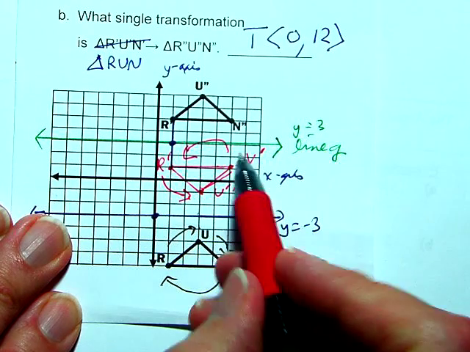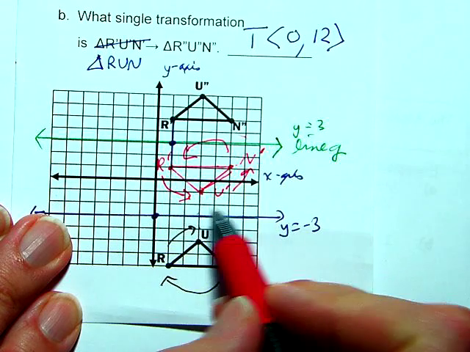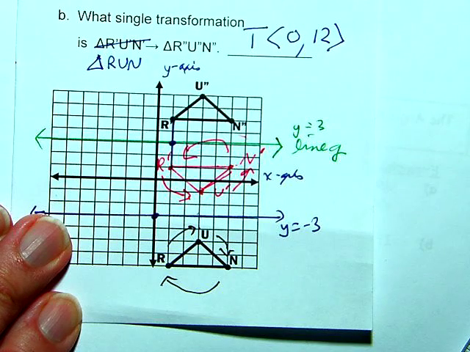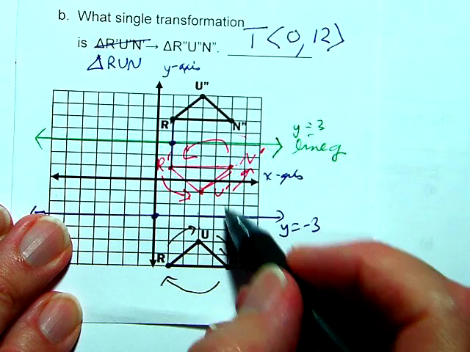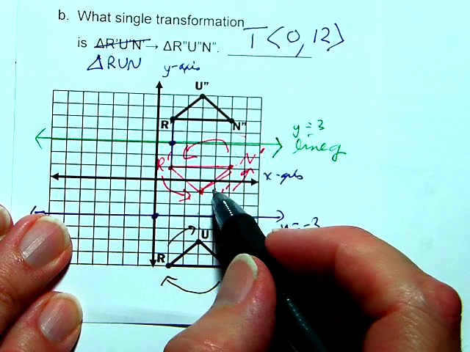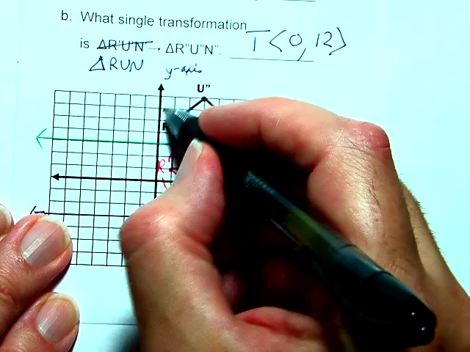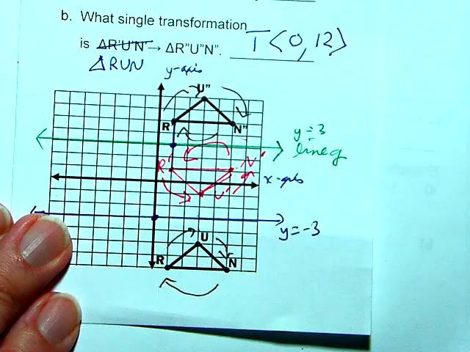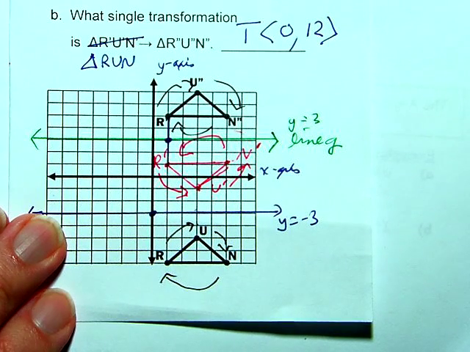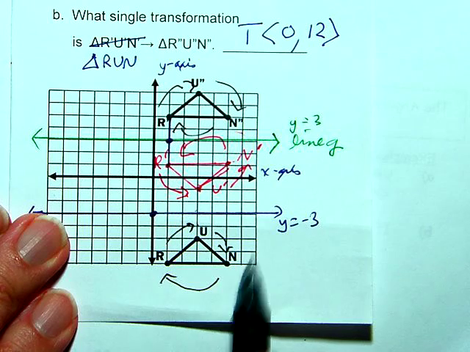But then when we do a reflection on this triangle, we go back to the original orientation. We switch it once from clockwise to counterclockwise, and now we switch it back to clockwise. Okay, so now the final double prime triangle has the same orientation as the original triangle did.